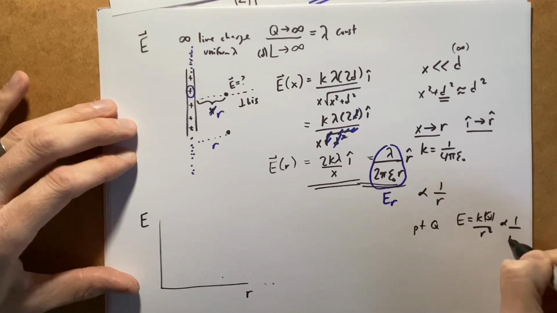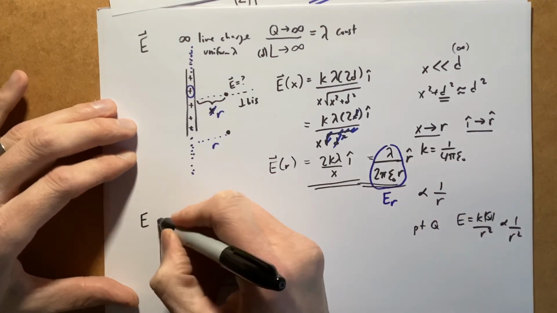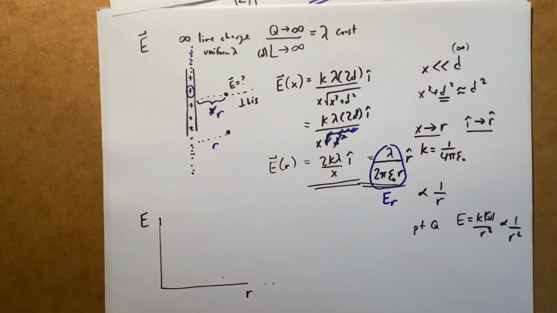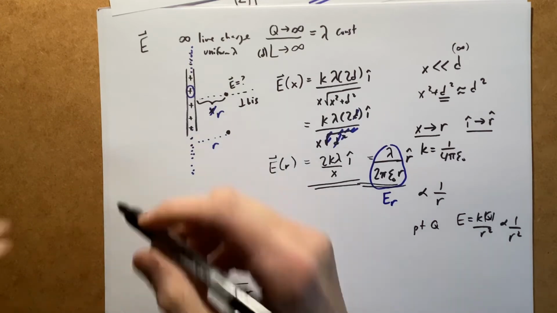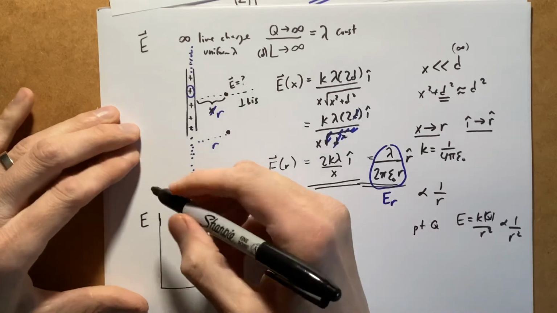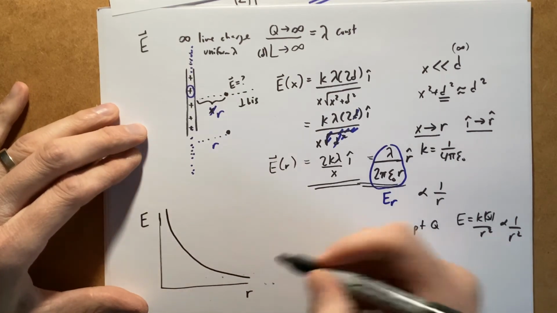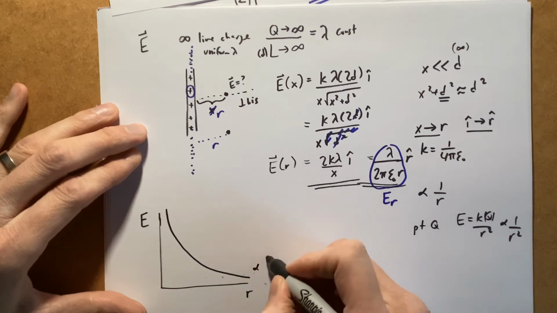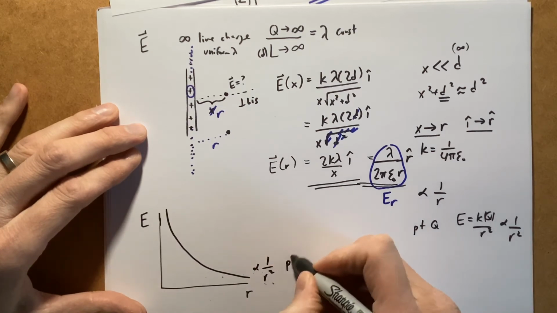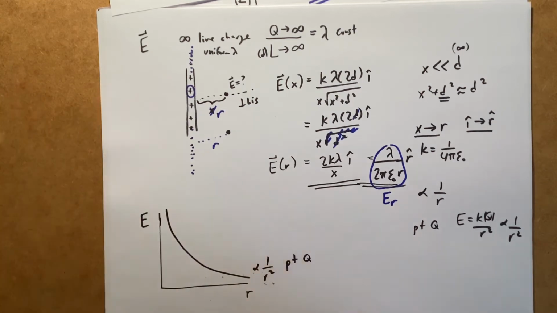That goes as 1 over r squared. So we're going to go ahead and take stock of the different solutions we're getting here and start adding them to a chart. The first result, which is proportional to 1 over r squared, is for a point charge. That's how a point charge goes off to infinity. It dies as 1 over r squared.